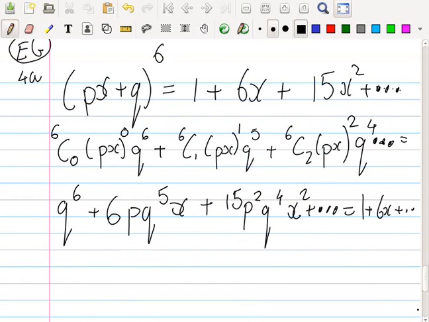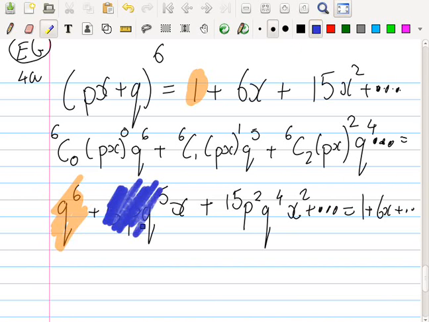Now the trick here is if the left and the right are the same, you compare them. What is the first term on the left? It's q to the power 6. And the first term on the right? 1. The second term is 6pq^5 x, and here 6.